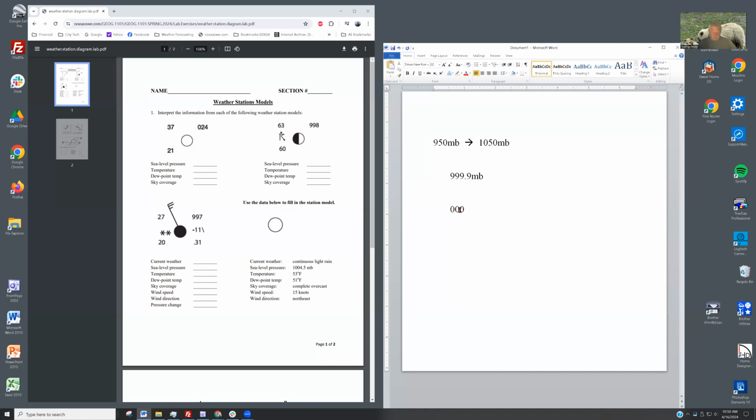Start out doing the same thing. We put a decimal point in the rightmost column and then have to decide whether we put a 9 or a 10. If we put a 9, the resulting number would be 900.0 millibars. That would fall outside the range here. If we put a 10, then that would make it 1000.0 millibars. So that would be the correct answer.